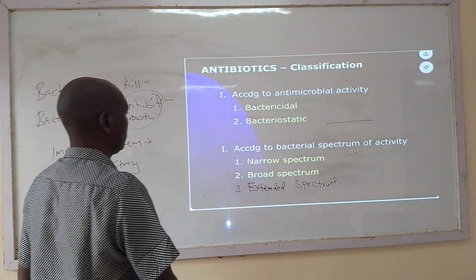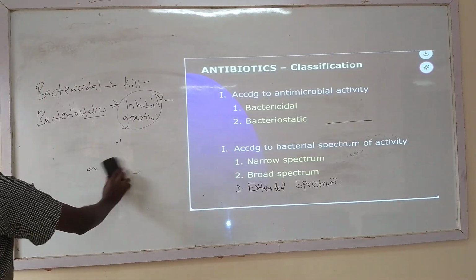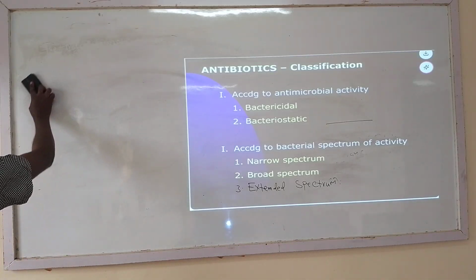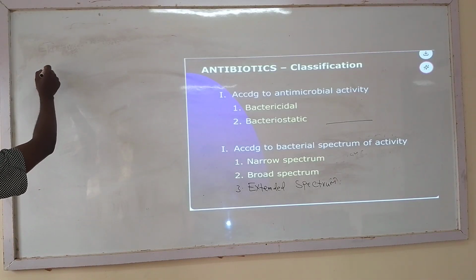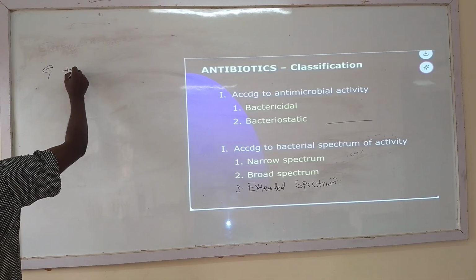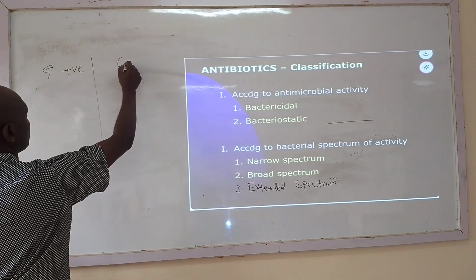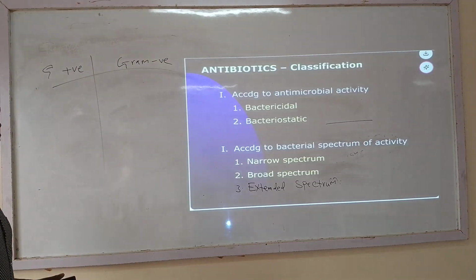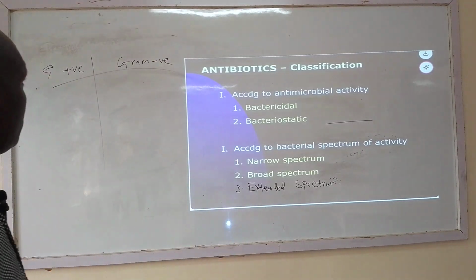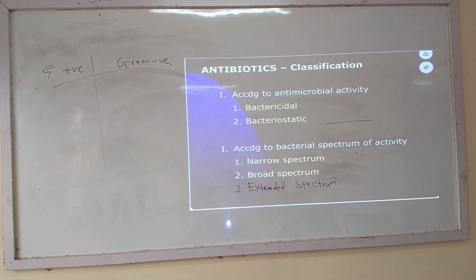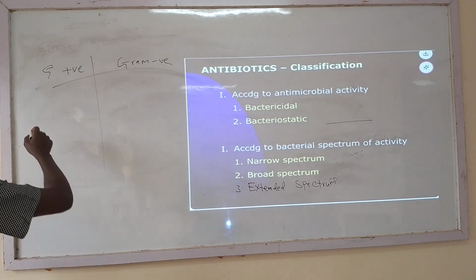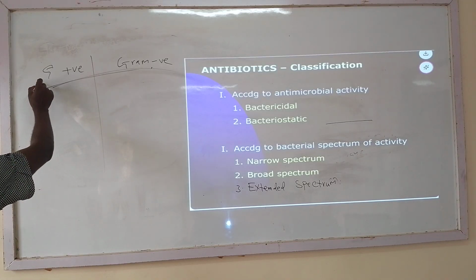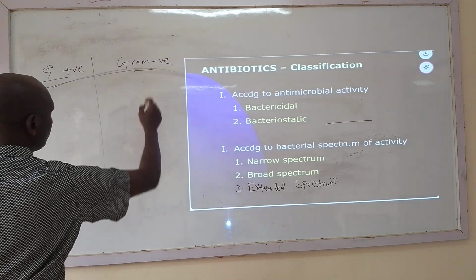So remember, bacteria can be grouped into 2 major groups, and that is gram-positive and gram-negative. We have drugs that act on gram-positive bacteria and gram-negative bacteria.